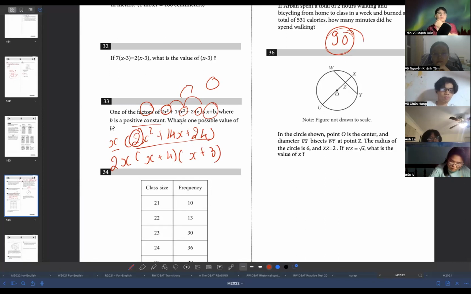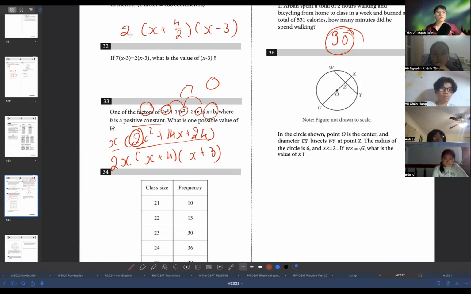So if they're asking, let's say I have the factor 2x plus 4 and x minus 3. And they're asking for a positive constant. -3 is not really a positive constant, and it's not x plus b. So the only possible value of a positive constant would be 4, if I multiply this by this.